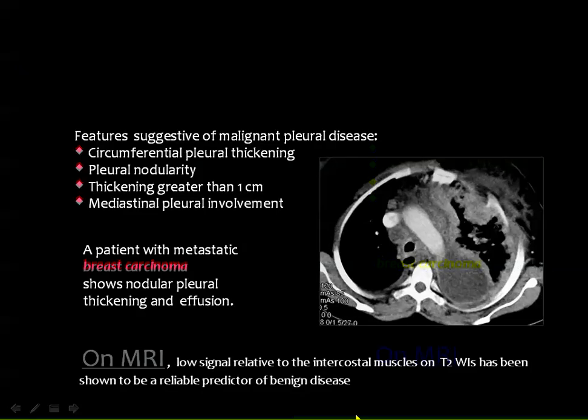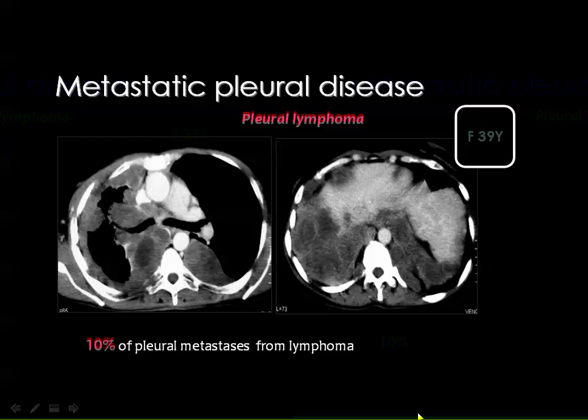Then whenever you know that the patient had a primary malignancy, you should suspect the pleural pathology as metastasis. But actually, if we don't know that the patient had a primary malignancy, we think particularly of mesothelioma, and we resort to biopsy in order to confirm the diagnosis and to know the underlying pathology.